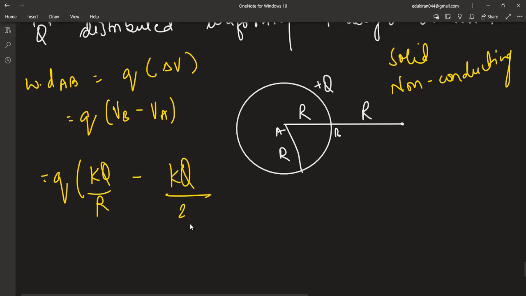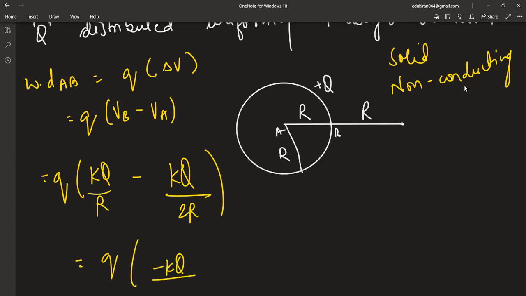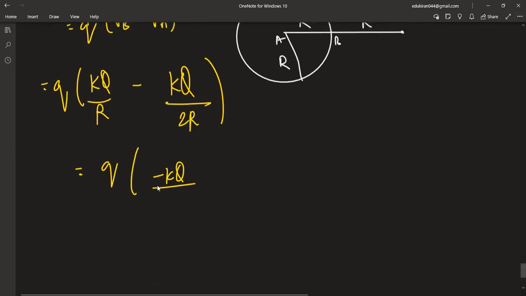That would become KQ by 2R. K is 1 over 4 pi epsilon naught; the 4 goes in the denominator and gets multiplied by 2, which becomes 8. Yes, ma'am. Q will multiply here. Now you have your answer, minus KQ by 2R. This is your work done.